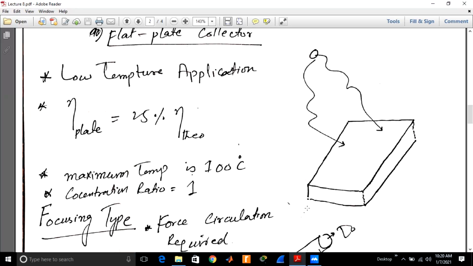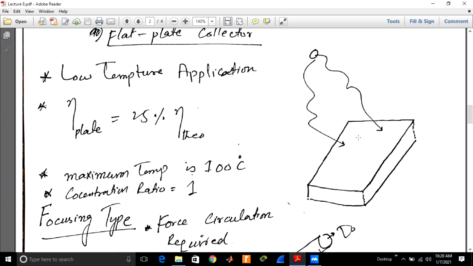By the concentration ratio we mean that, for example, this is the area, and when some radiation falls on it, they store, meaning they absorb it.